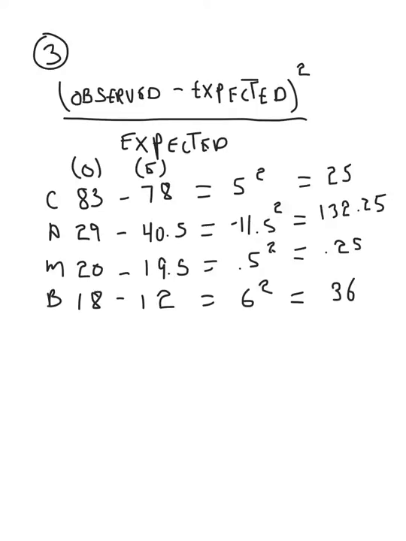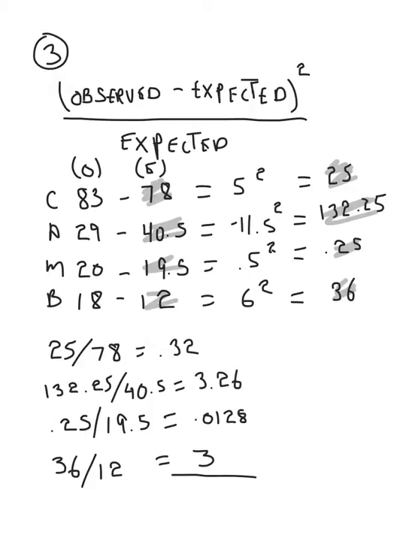And we need to remember that we're going to take this number and divide it by the expected value, each one of these divided by each one of those. And then we're going to add that together and get a final number. So let's look at what that looks like. Okay, so I did that. I divided those two numbers. Now I'm going to add them all together: this number, this number, this number, this number.